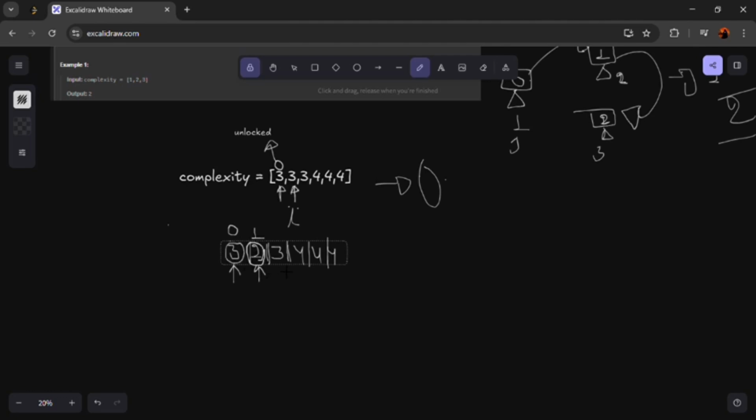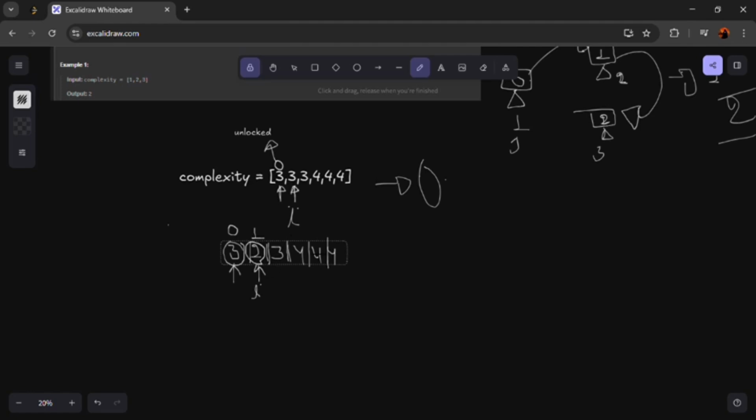And if you see that there is no computer at the left side which can unlock this computer. Okay, there is no computer on the left side. Okay, so if this computer is not unlocked by the 0th index computer, it is also not unlocked by any other computer. Why?